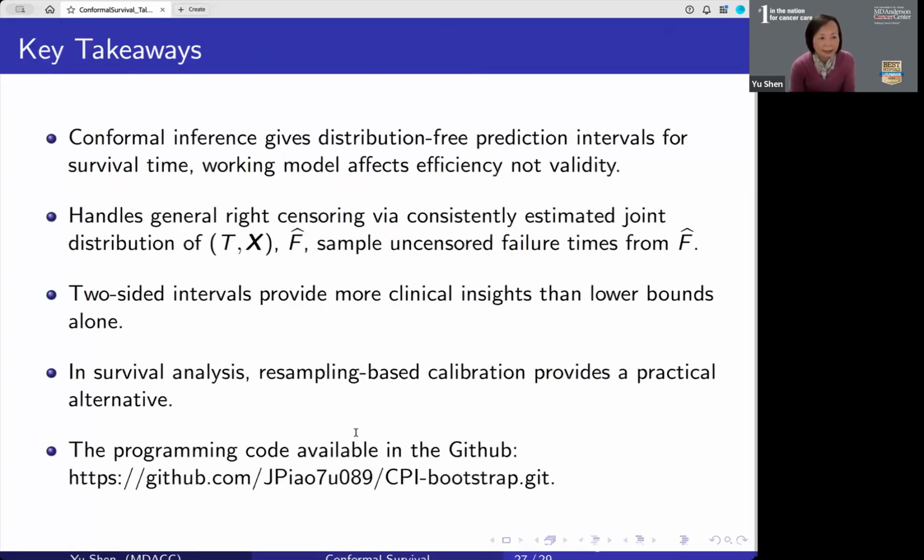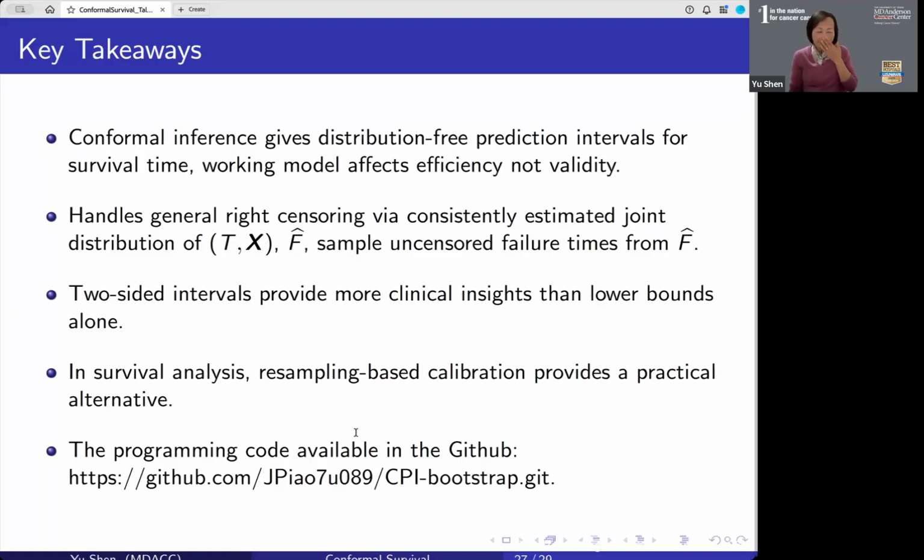Key takeaways. Conformal inference really provides distribution-free prediction intervals for survival time. The working model is flexible. If it's a really good one, it affects the width, the sharpness of the interval estimate, but not validity. It can ensure the coverage.